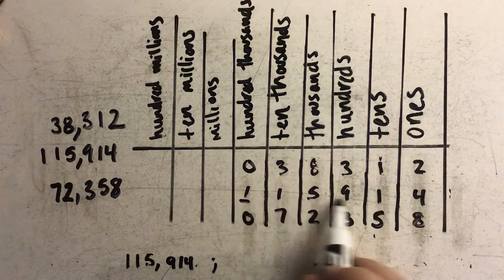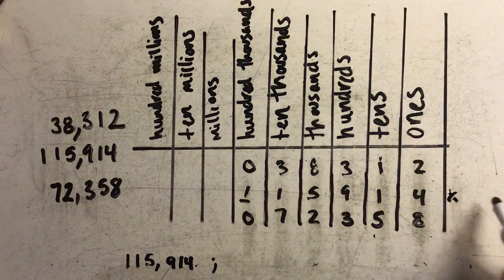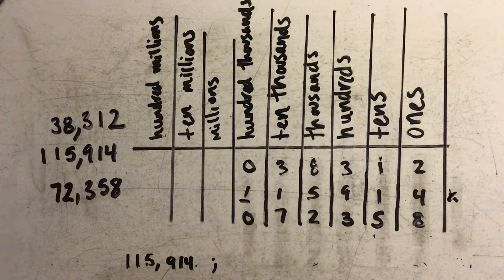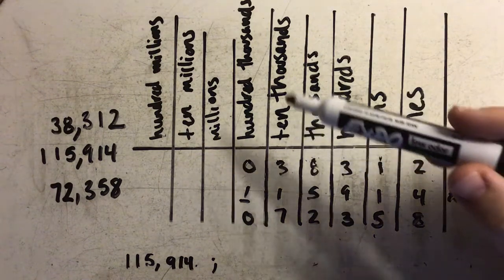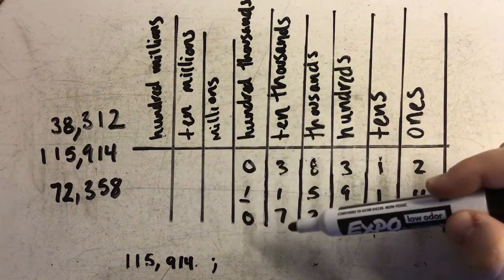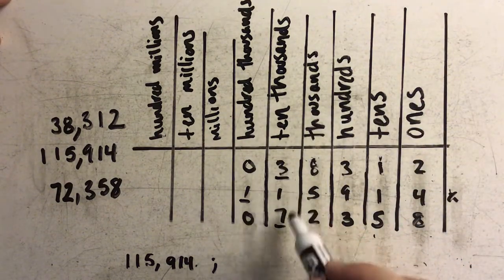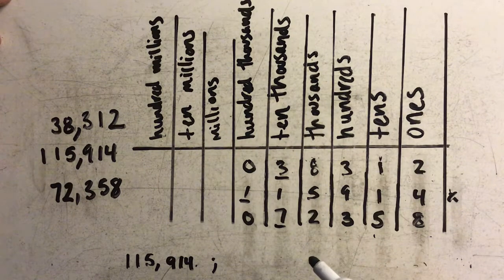And now that I've found the place, I know for sure that this is the highest number. I'm going to go ahead and cross it off or check it off or let myself know that I don't need to compare any numbers or any digits in that number anymore. Then I'm going to move on to my next highest place value, which in this case is the 10,000s place. And right away, I see two different numbers, so I can compare both of those to figure out which one's larger.